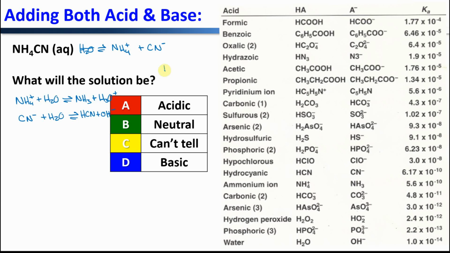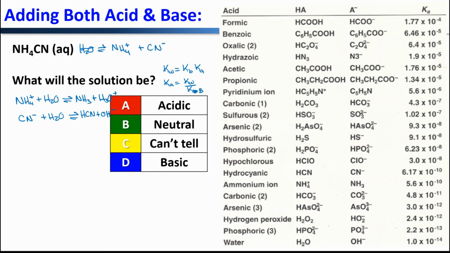And what I left off with at the last lecture was that, don't forget, Kw is going to equal Kb times Ka. Ka times Kb, same thing. So if I have Ka, then all I need to do is take my Kw divided by my Ka to get Kb.